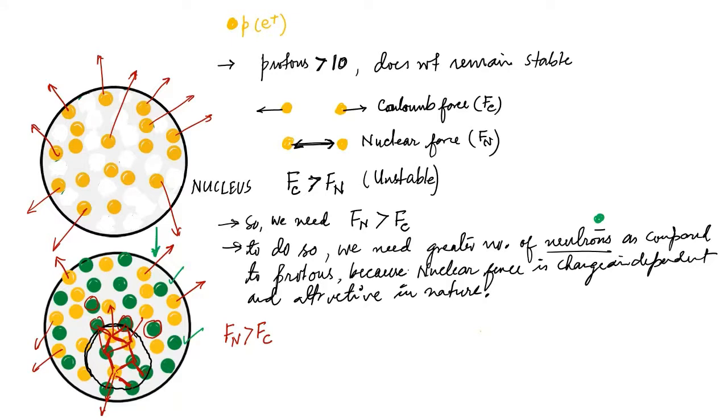That is why you see that the line of stability moves towards the y-axis, which tells you that for the system to be stable, more and more neutrons have to be there, as chosen by nature.